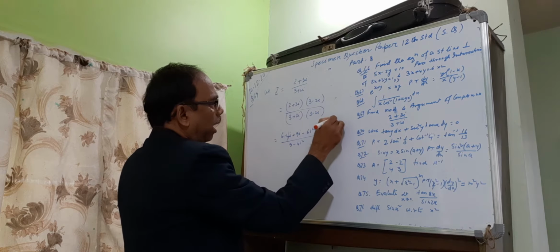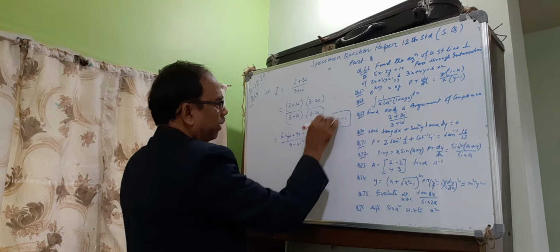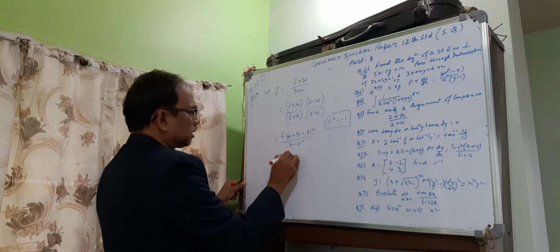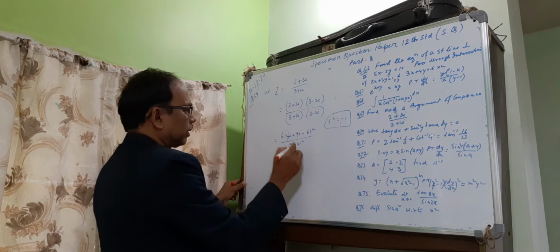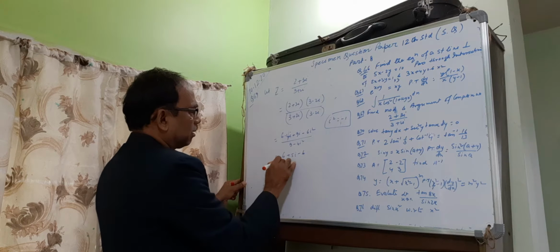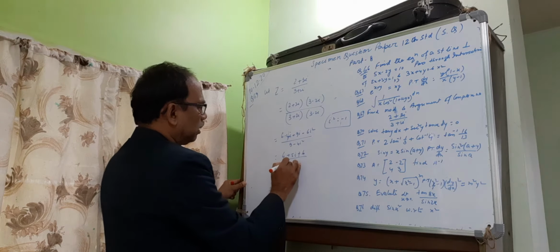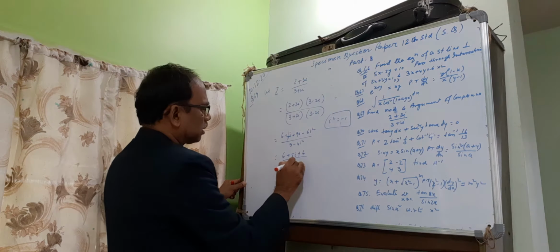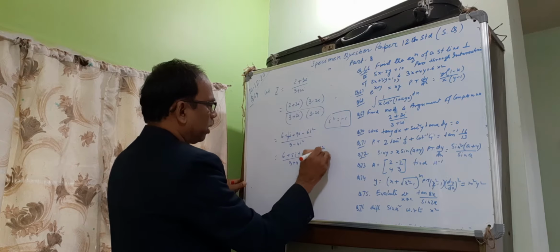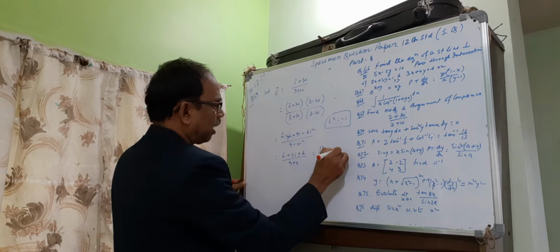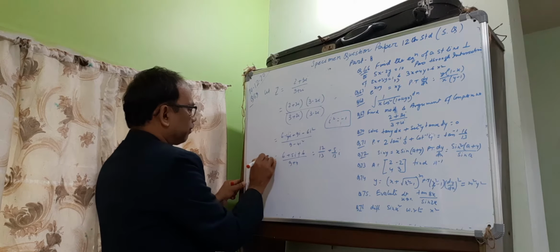You know, the i² value is -1. Here 6 + 5i, minus 6 becomes plus 6 because i² value is -1, by 9 + 4. That is 12 by 13 + 5 by 13 i. This is z.